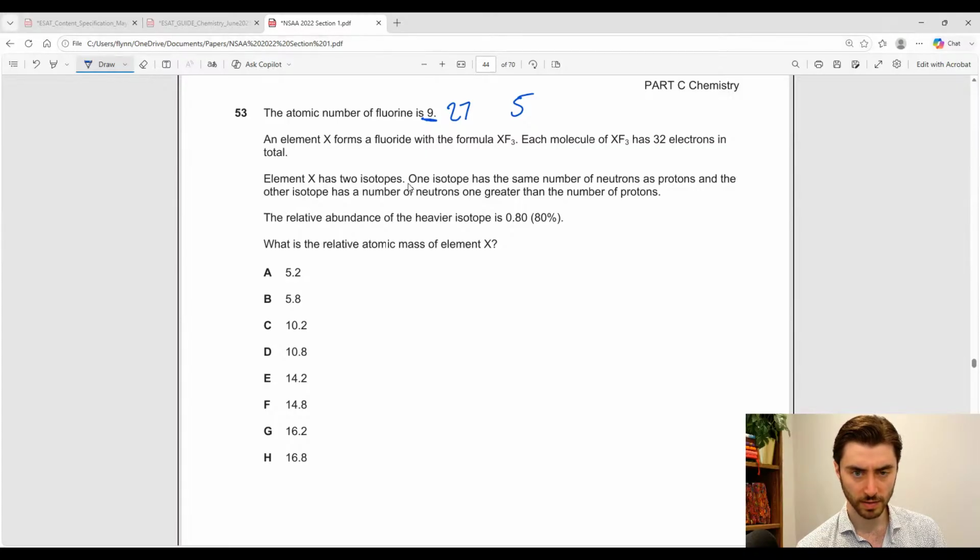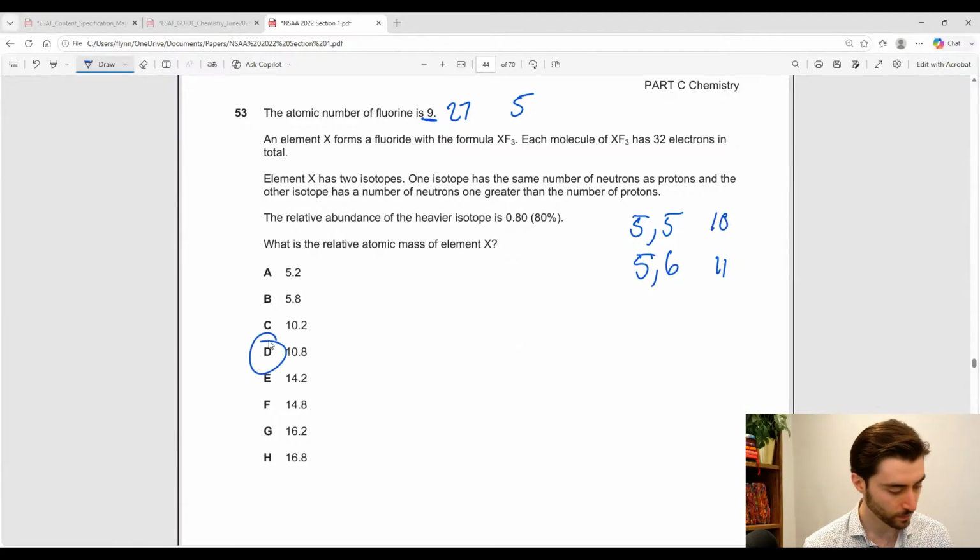It has 2 isotopes. One isotope has the same number of neutrons as protons, so it's 5 and 5, and the other isotope has a number of neutrons 1 greater than the number of protons, so that's a 5 and a 6. The relative abundance of the heavier isotope, so it's 80% 11, it's 20% 10. It's boron. It's 10.8. Done.